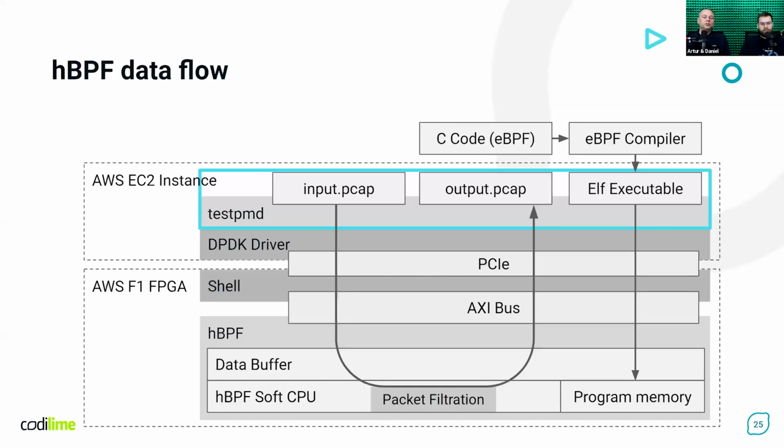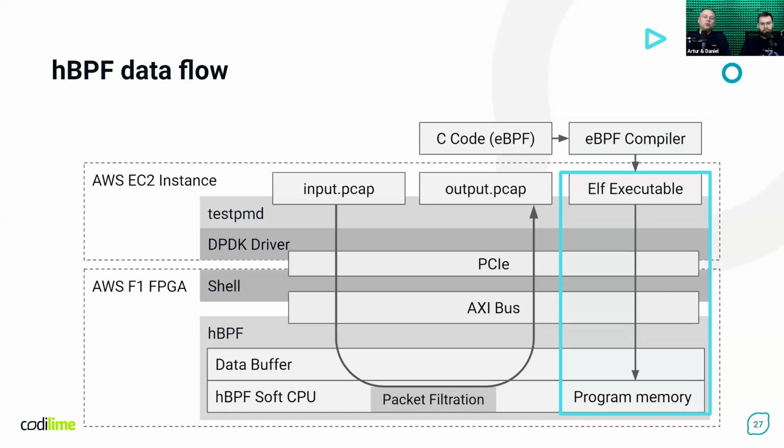The testpmd application additionally gets arguments like the eBPF executable with the BPF program, the input pcap, which is the file with test packets, and the output pcap, which stores the processed packets. The eBPF executable is created by compiling C source code for the eBPF platform. This is the same code used in the kernel solution.